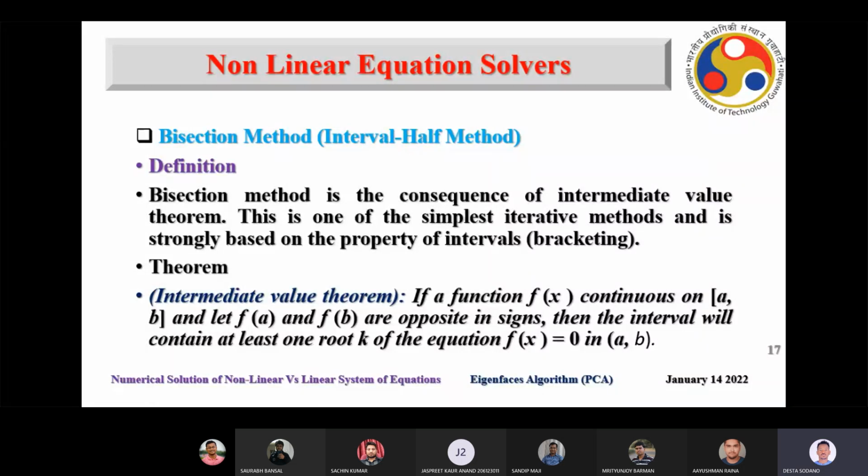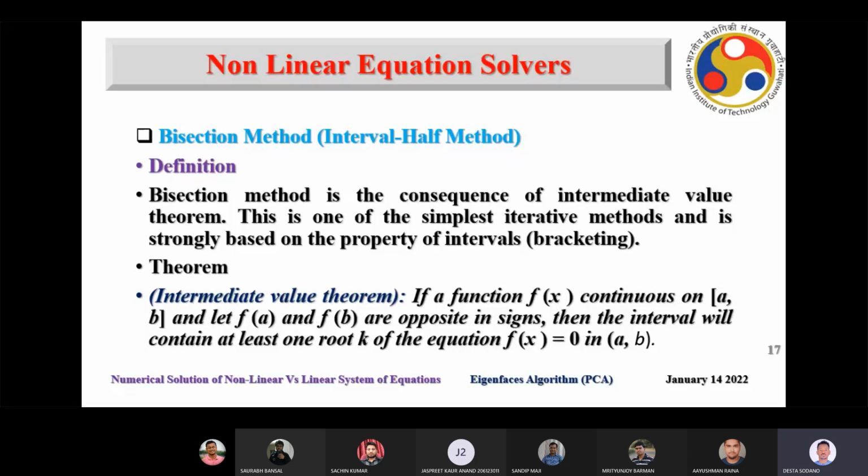The theorem states that if a function f(x) is continuous on an interval and has values of opposite sign at the two endpoints, then there is a root in the interval. This helps us in the definition of the bisection method.